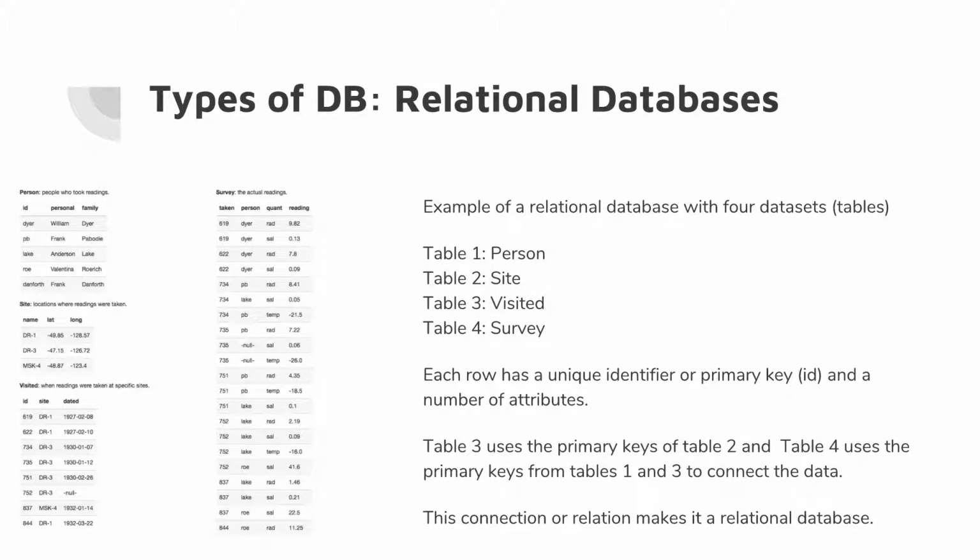And table 4 uses the primary keys from table 1, the table that describes persons, and table 3, the table that describes the research locations, to connect the data. So the information or the data in the database is connected by use of the primary keys in different tables. This connection or relation makes it a relational database in a way.